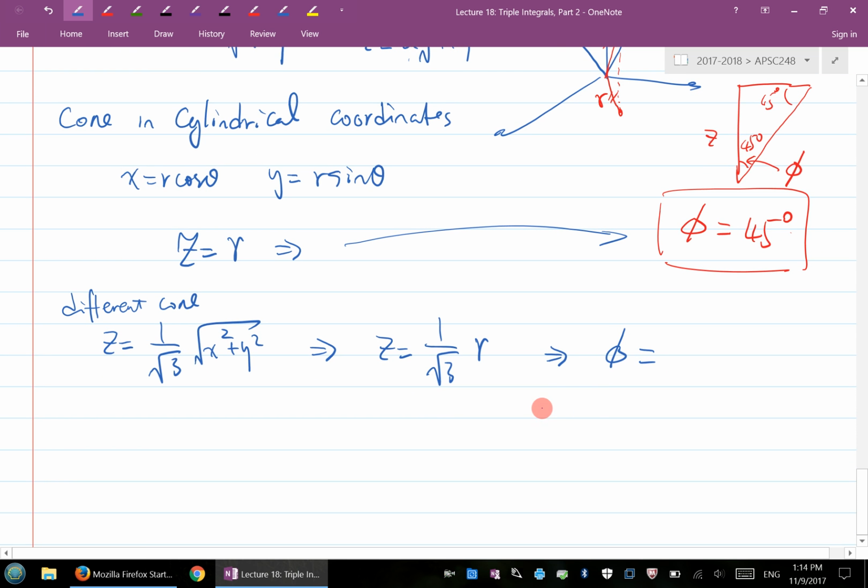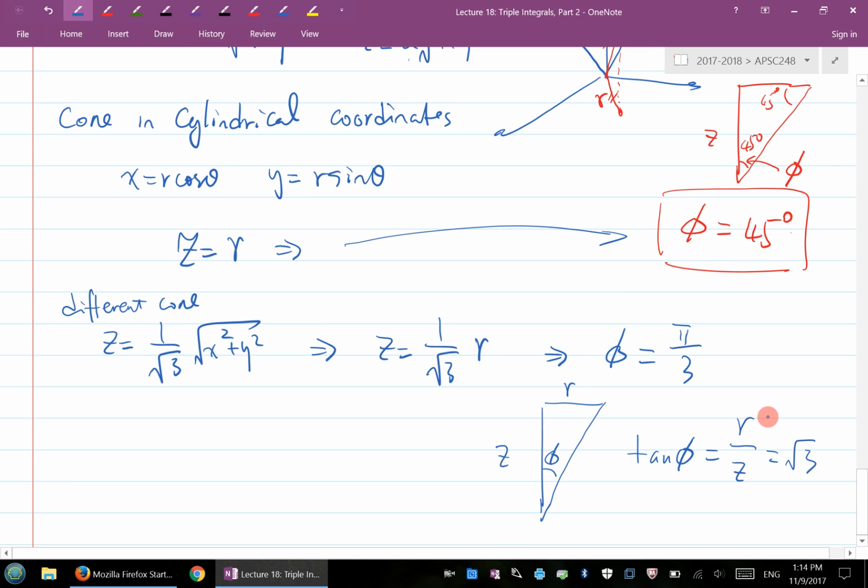So if I draw it, this is z, this is r, and this is your phi here. Tangent of phi equals r over z, and in this case r over z equals root 3. So phi should be pi over 3, 60 degrees. My drawing doesn't make sense, but yeah.